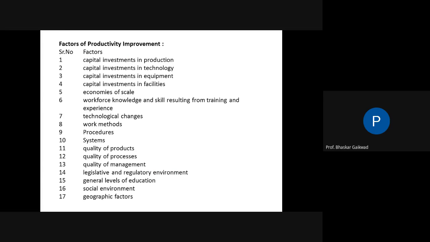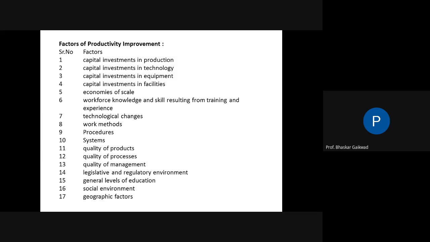So all these factors affect productivity. Now, how to increase productivity here? I have given 17 points. If you want to increase productivity, you can think about capital investment related to production and technology. Suppose production is there, we can reduce the cost related to transportation, and material handling equipment is there, and then efficient use of all resources.